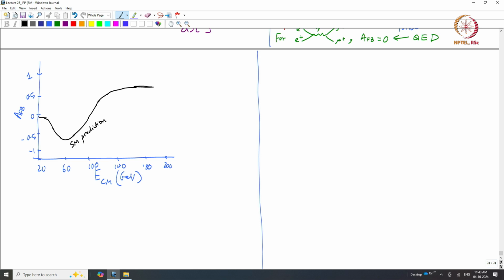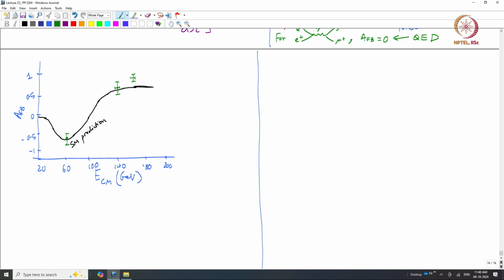On top of this, I'm going to draw some data points from the LEP collider, for instance. I may not be drawing this very accurately, but you get the idea. So this is a data point. What does the bar mean? That's literally an error bar. At 60 GeV they got that data, and at around 140 GeV you get this, and there's some error in the measurement of the energy also, and some data is over here.